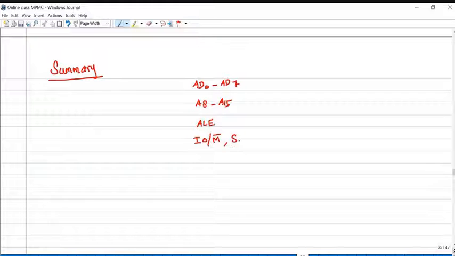Also the status of the microprocessor with the help of S1 and S0, the status signals, and then the control signal, whether it is a read operation or a write operation.